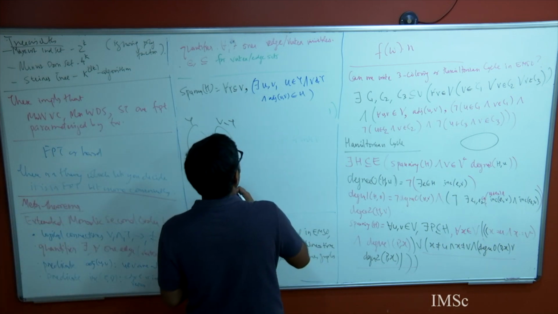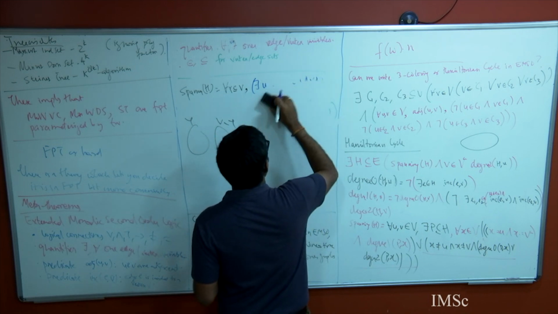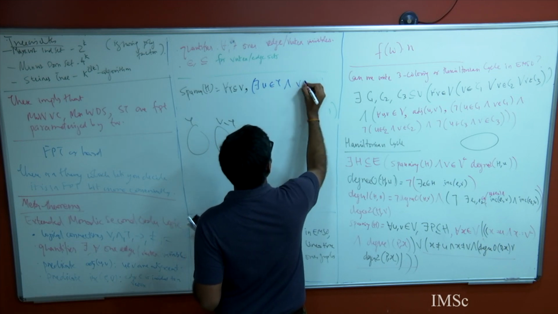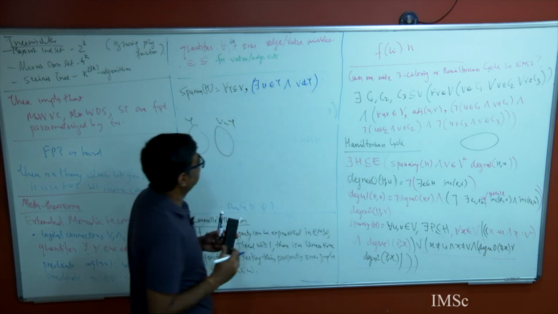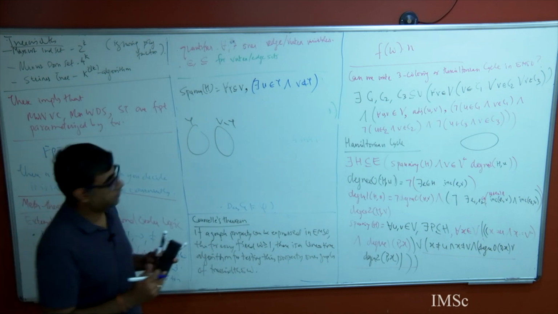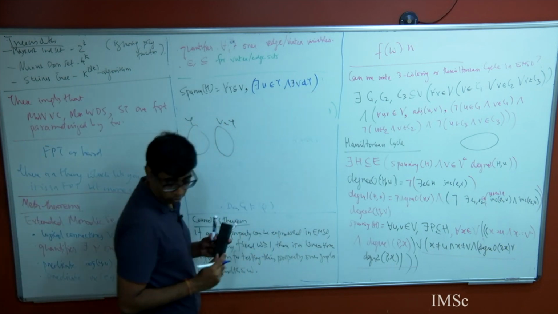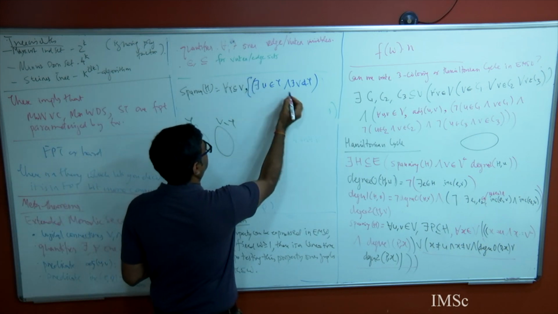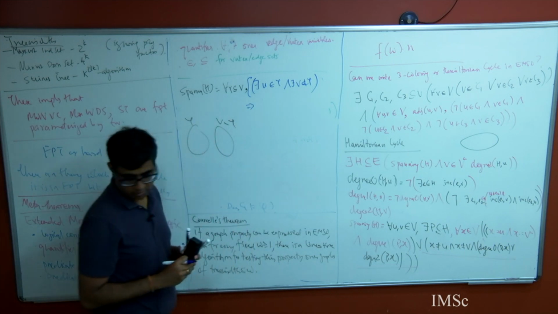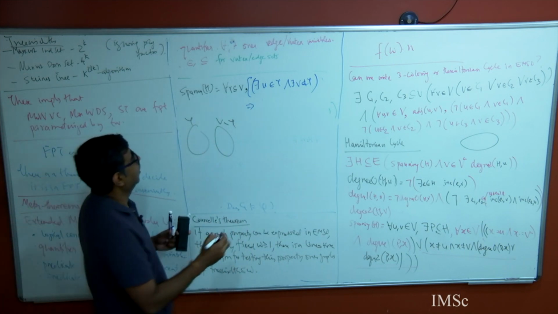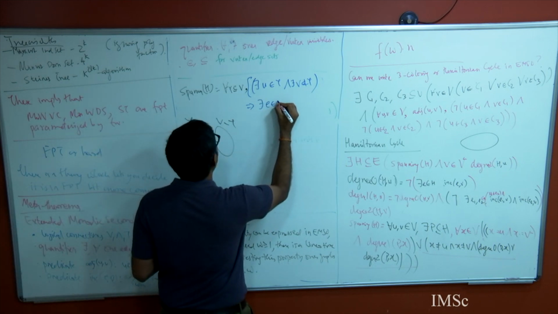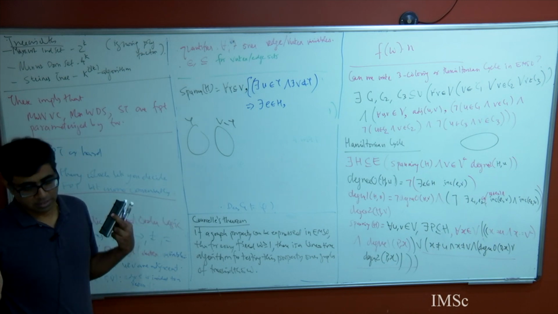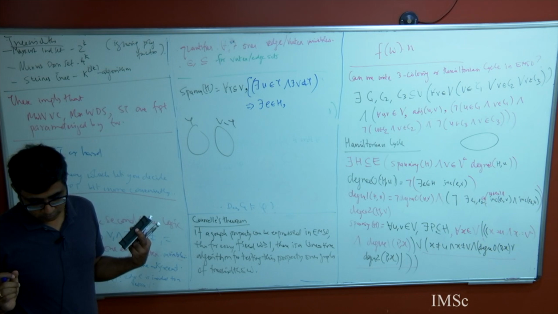So all I want to say is that there exists U in Y and V not in Y, that implies that there exists E in H. So I have found an edge in H.